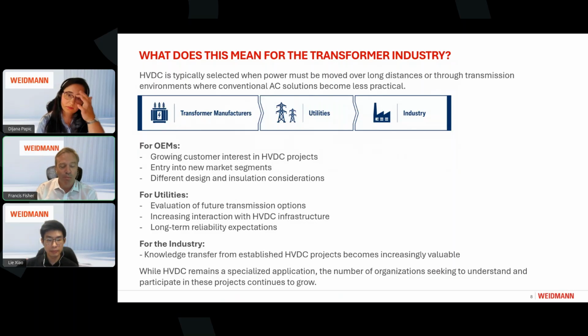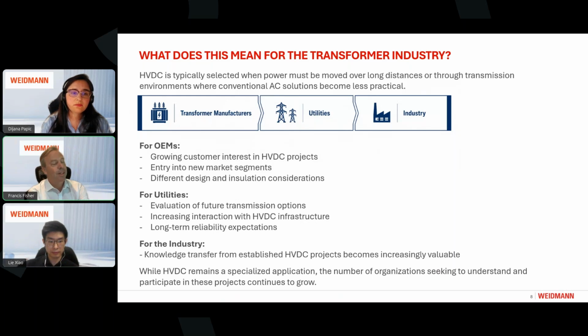From OEMs, we have a lot of customers who are exploring for the first time going into HVDC transformer projects and design. And utilities, of course, come to us asking what our experience is in evaluating future transmission options and increasing interaction with HVDC infrastructure. And finally, from an industry perspective, it's about knowledge sharing.